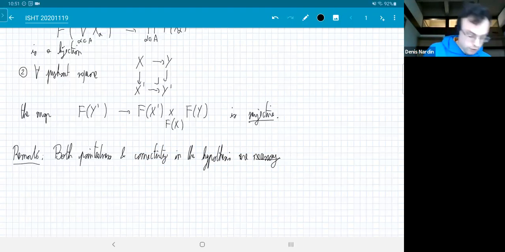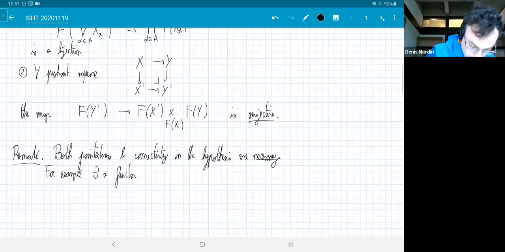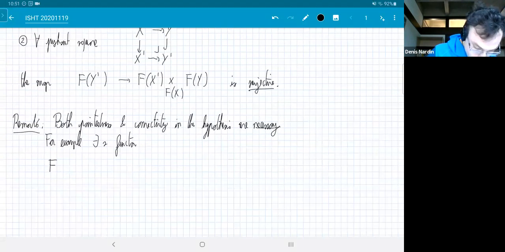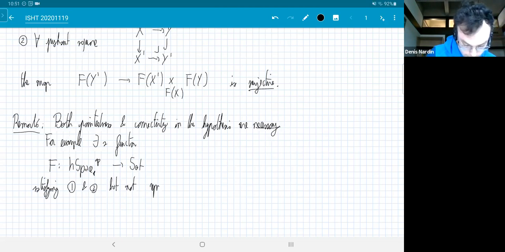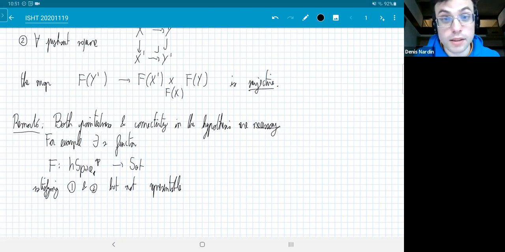For example, there exists a functor F from the homotopy category of pointed spaces up into set satisfying 1 and 2, but not representable. So that's not an optional part of the argument.